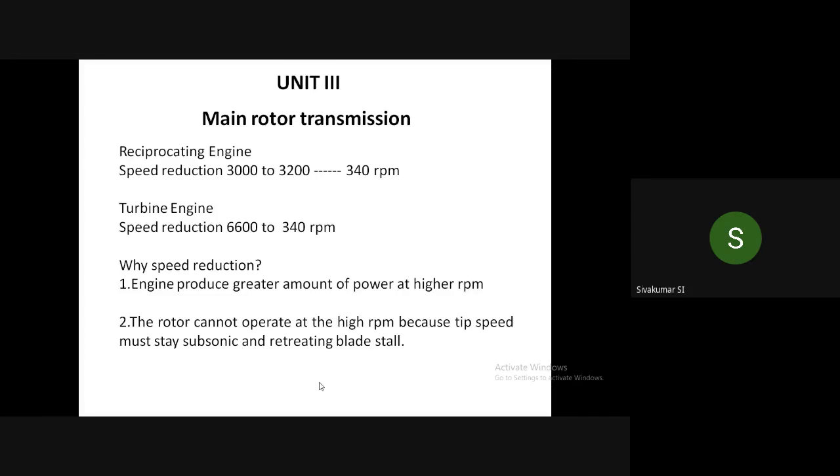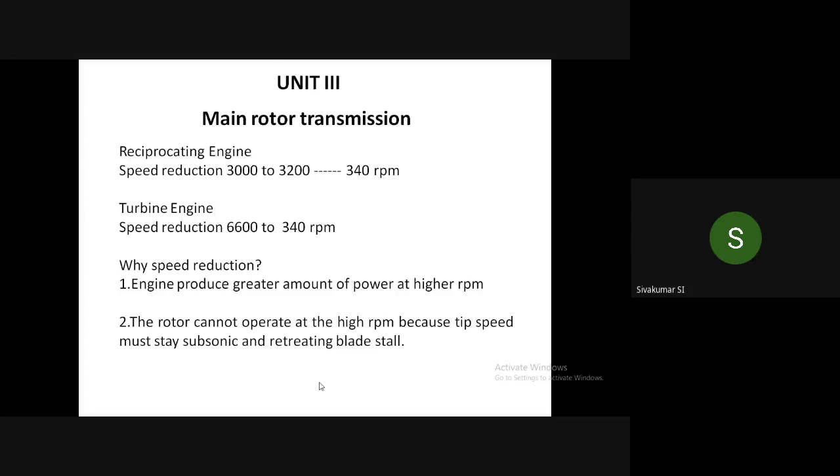Possibly the RPM of the tail rotor is around 2500 RPM. We are not going to exceed the tail rotor RPM even though the engine RPM is higher. The gearboxes reduce the engine speed to a lower RPM level, and that can be transmitted to the rotation of even the tail rotor. So this is the importance of the transmission system.